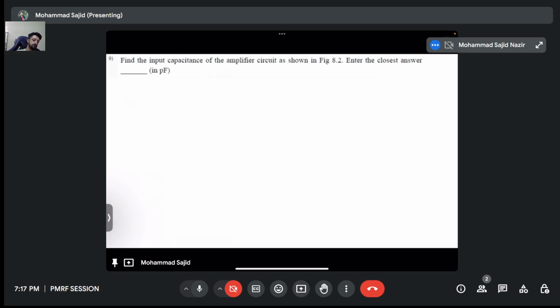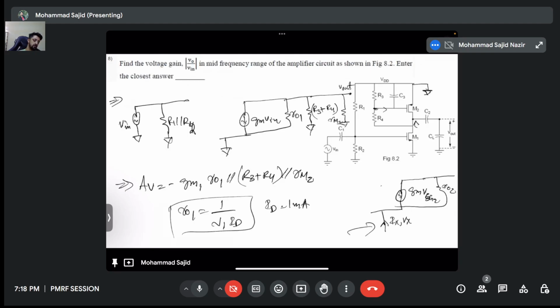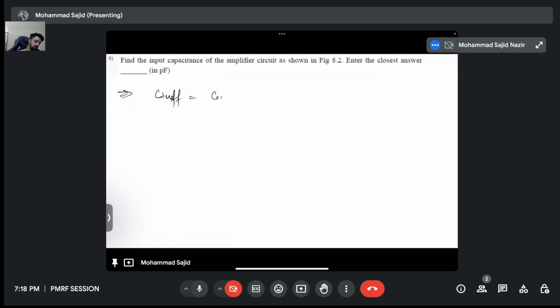Input capacitance. Again, if I draw the circuit, I will get the input effective capacitance as CGS plus CGD times 1 minus AV1, right? Once you calculate from the previous part, you will find that AV1 is minus 0.27.